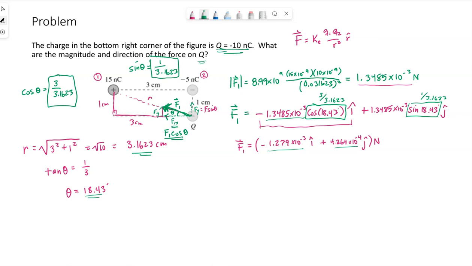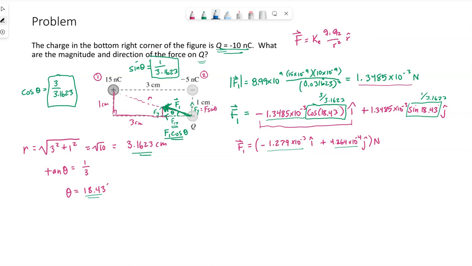I just wanted to mention both ways because one way might be easier for you than the other. But either way, we have to write this force in terms of its x and y components, which we now have. So this is specifically the force that the 15 nanocoulomb charge is exerting on Q.